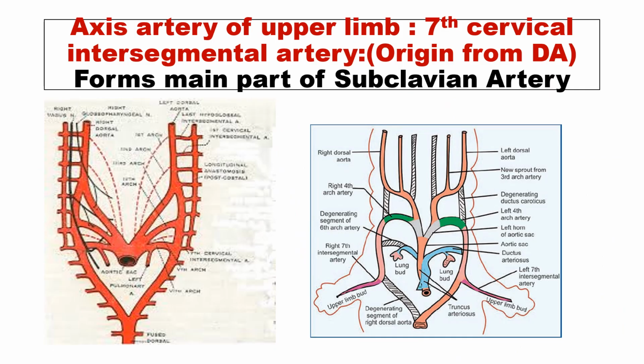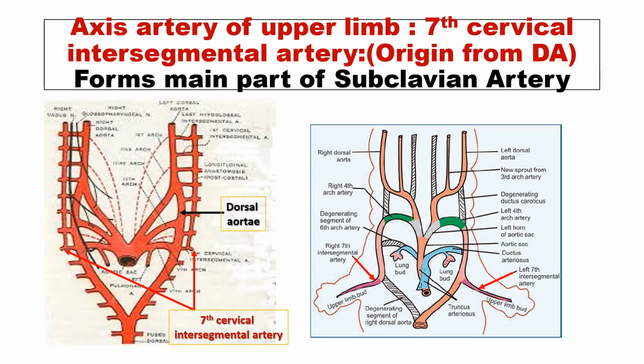Coming to the axis artery of the upper limb, it arises from the seventh cervical intersegmental artery, which also arises from the dorsal aorta. The seventh cervical intersegmental artery forms the main part of the subclavian artery, which continues as the axillary artery, which supplies the upper limb.